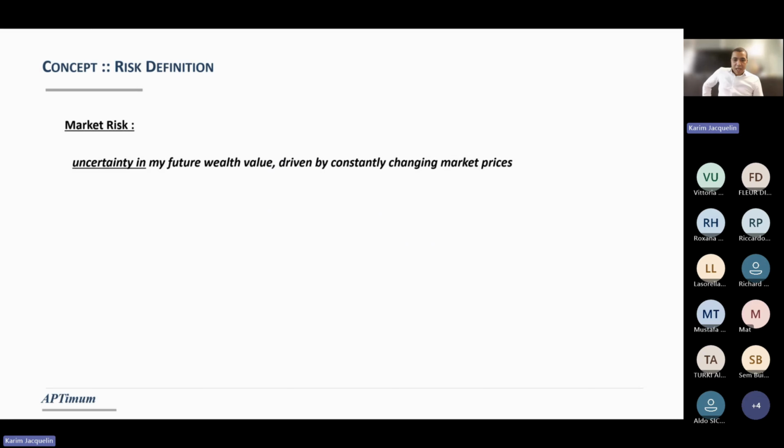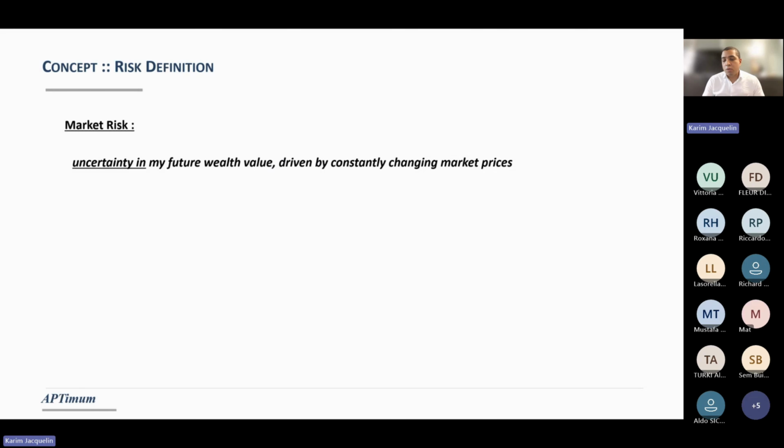So now let's begin with the topic of today, which is to explain risk and how you can manage risk to improve your portfolio. Let's start at the beginning with a definition. Risk, and market risk, can be defined as the uncertainty in my future wealth value, which is driven by constantly changing market prices.